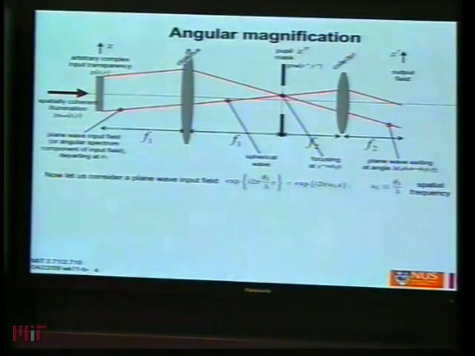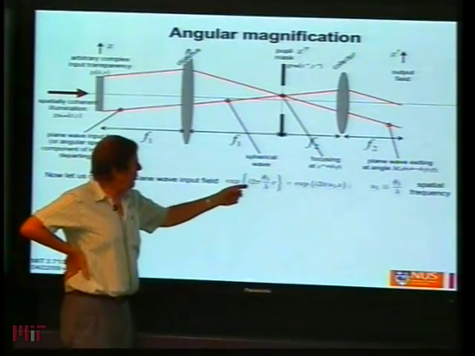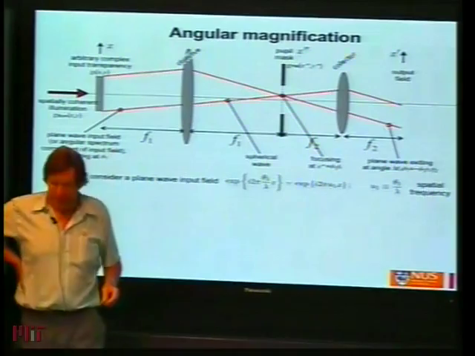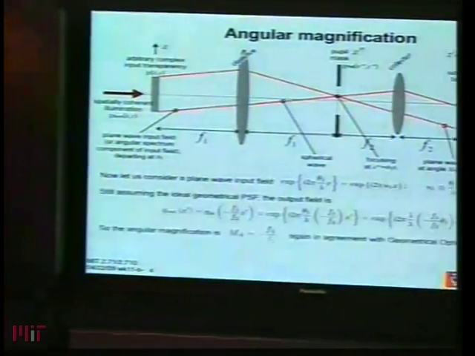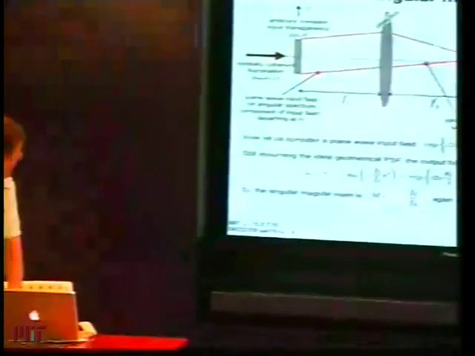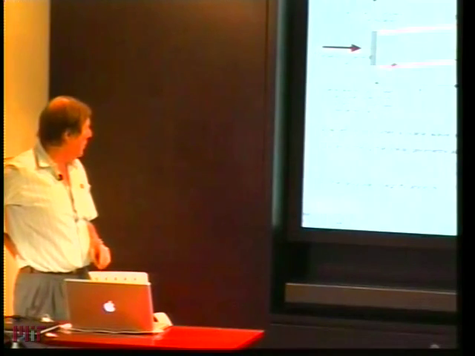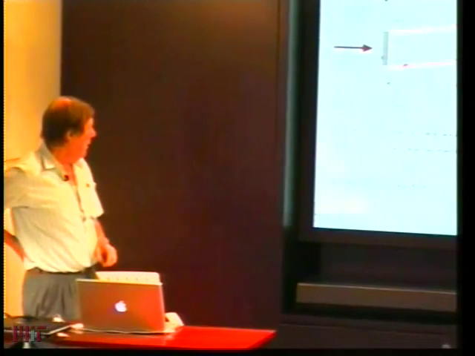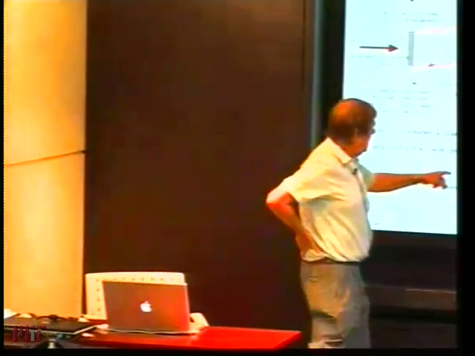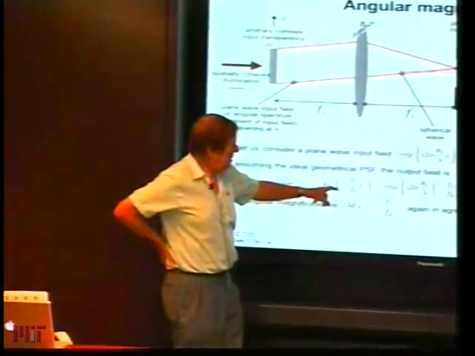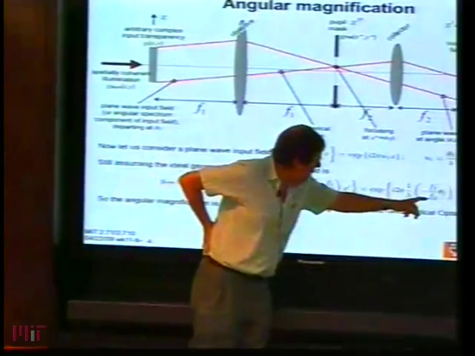So this input field is just an exponential phase factor. Still assuming this ideal geometrical point spread function, the output field is going to be given by this, and you can then express that in terms of thetas, and it comes out to be this.